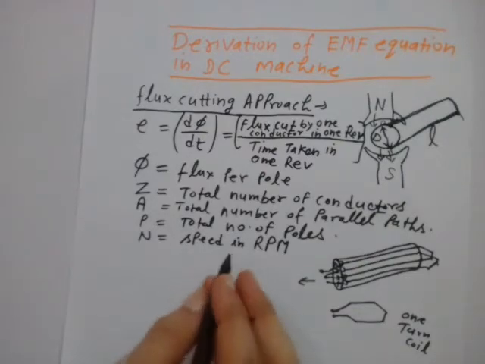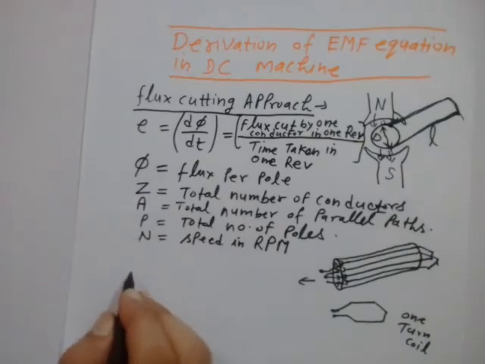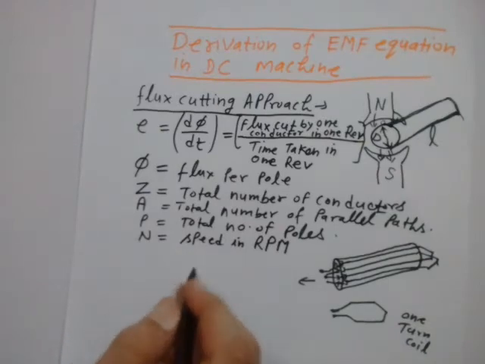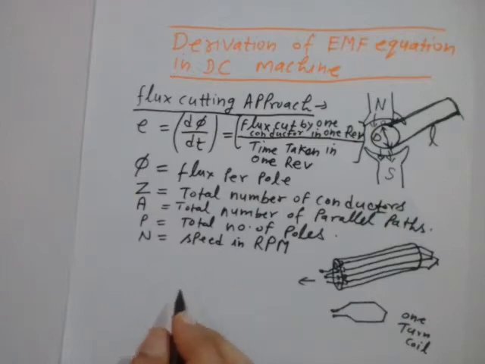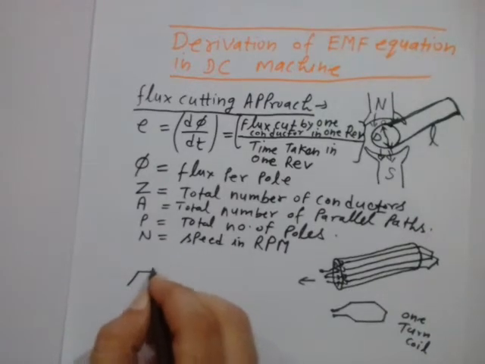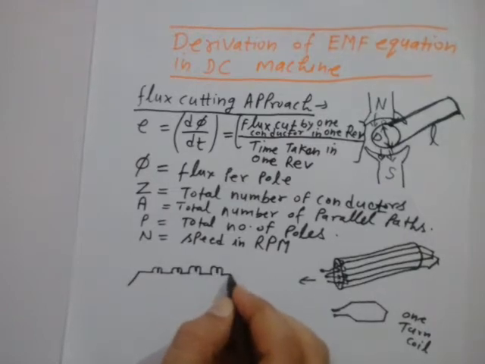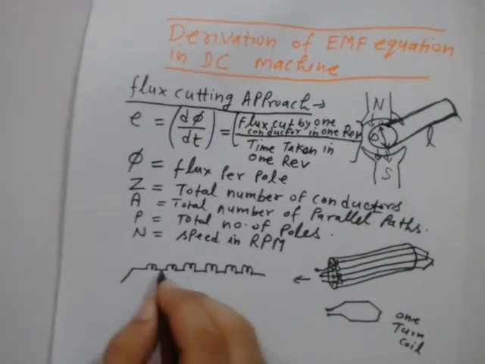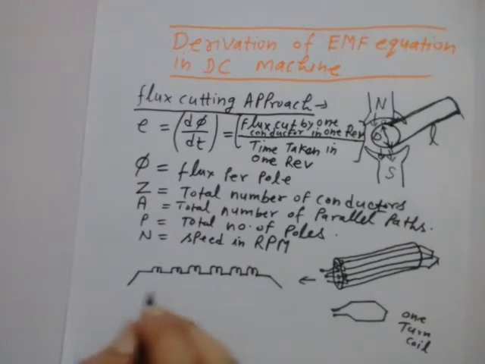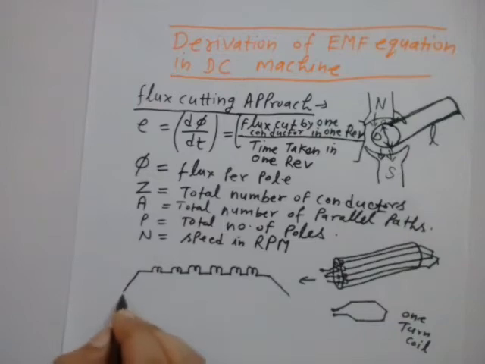Now let me draw it separately. For simplicity, let me take 4 parallel paths. So this is one parallel path, right? I am going to draw another parallel path.